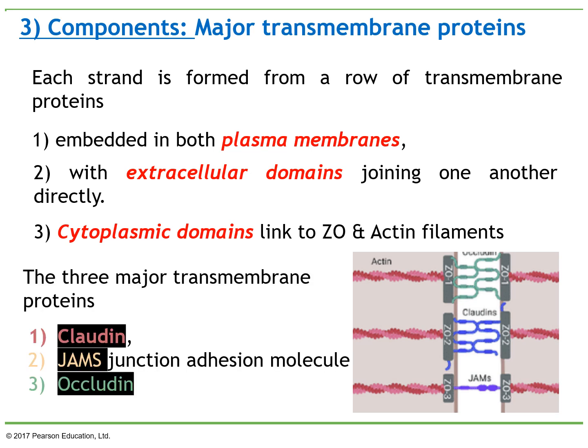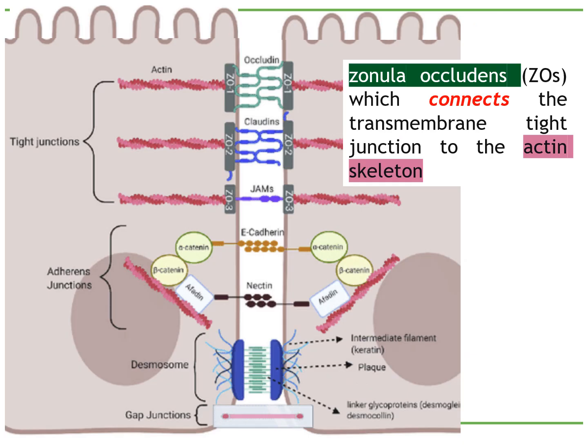There are three major proteins that I just showed you: claudins, JAMs, which means junctional adhesion molecules, and finally the occludin. The zonula occludens, these three, 1, 2, and 3, are the ones that connect the core proteins to the actin filaments.